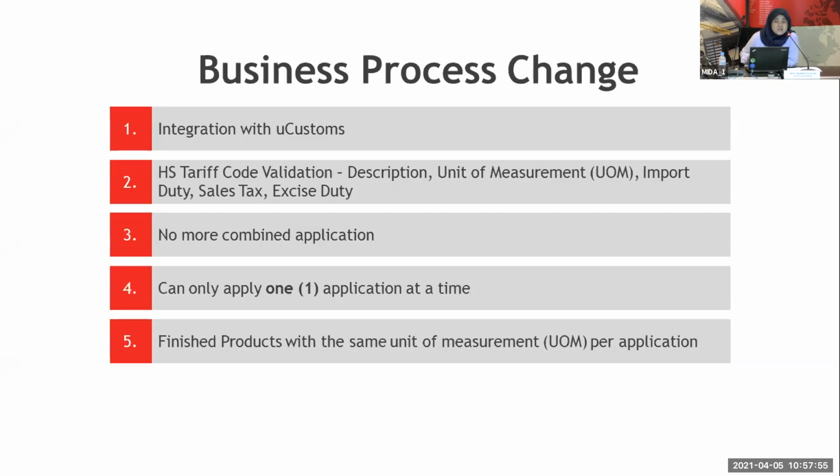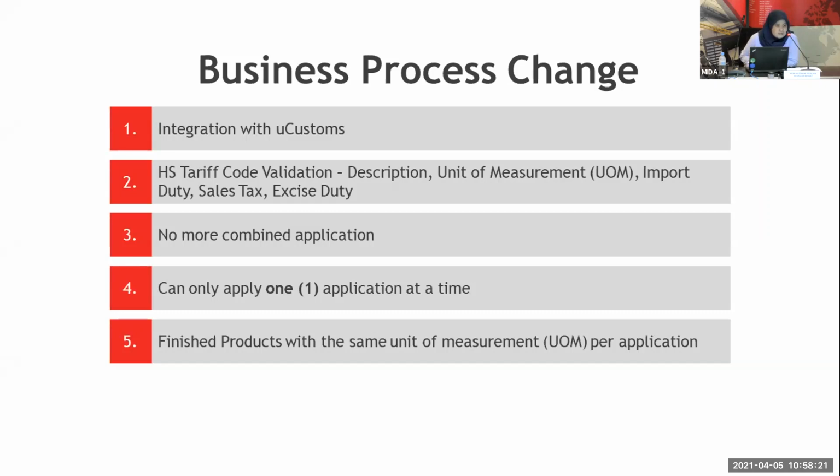If your second product, when you key in the HS code validation, has a different unit of measurement, and you want to proceed, you will get an error saying that the unit of measurement for the finished products must be the same.